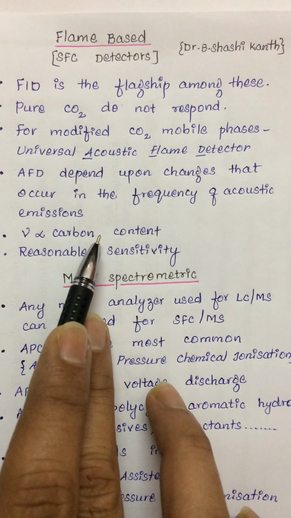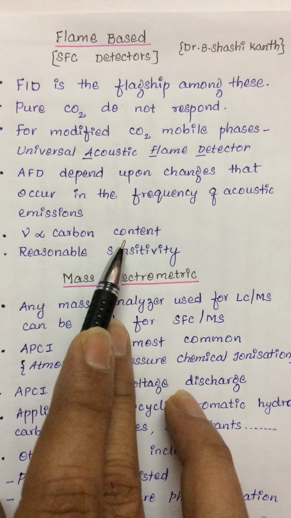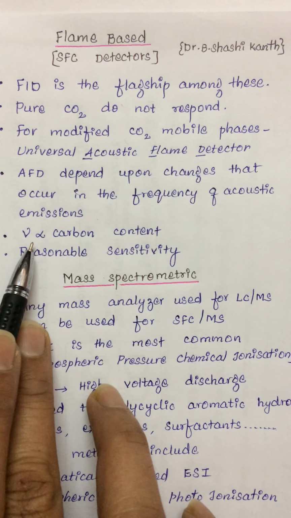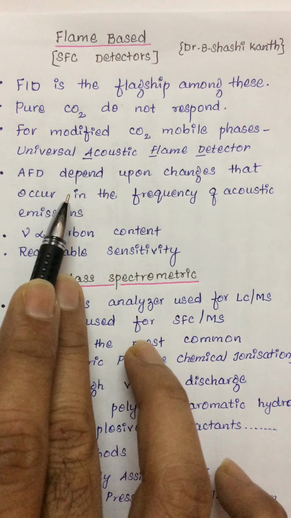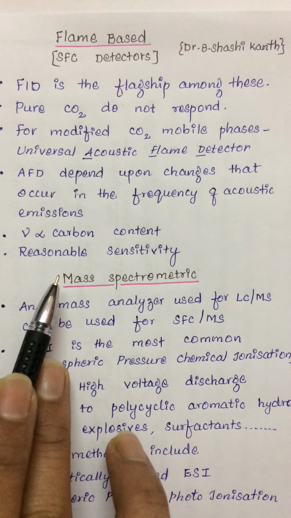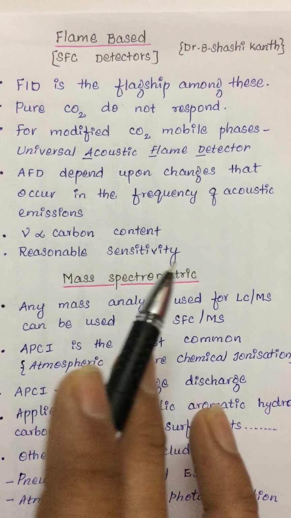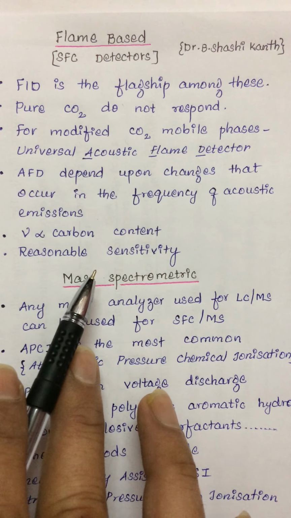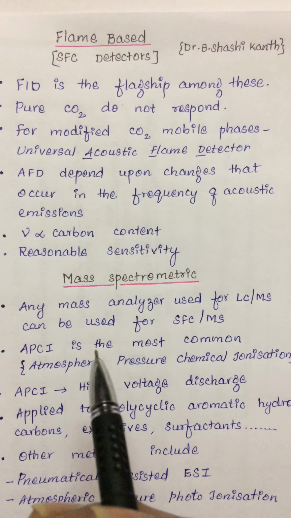So if I choose my analyte as an organic compound, the higher the number of carbons, the higher the frequency of the detector in the case of AFD. This detector has a very reasonable sensitivity, because sensitivity is a key factor for any detector. It is found to be around 18 nanogram of carbon per second.